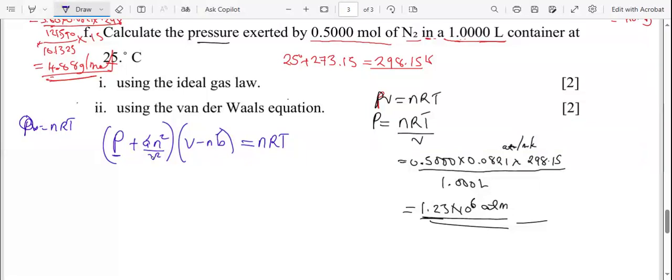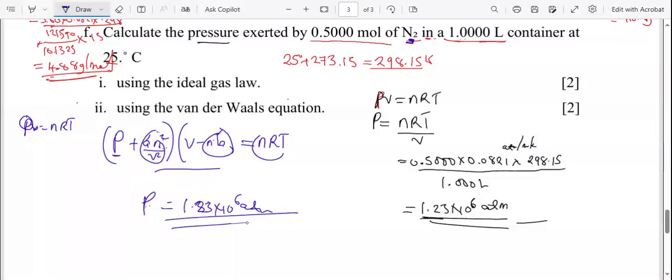Different gases, like nitrogen, have their own constants, but we don't have those. If you look at the table, we are not given the data for the values of a and b for nitrogen. Each element is given, and if it is given, you'll be able to calculate the pressure finally. Just find the constants and put them in, and you'll find the pressure, but know that it will give you the same 1.23 times 10 to the power 6 atm.